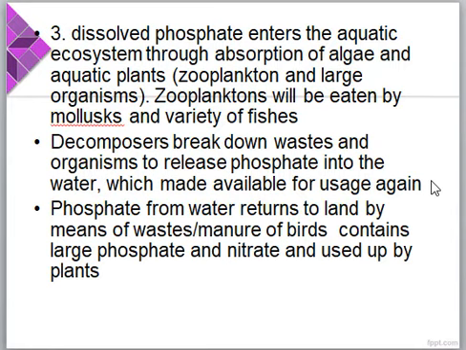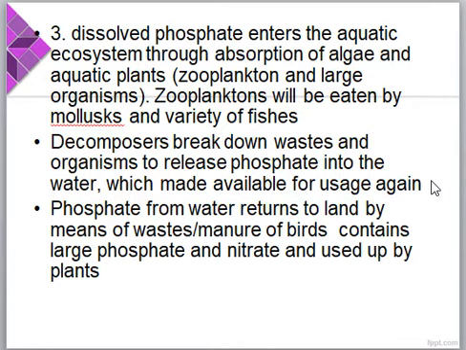that larger aquatic animal. And if these mollusks and larger aquatic animals die, decomposers will then break down the parts of these aquatic animals, and at the same time break down the waste materials of these organisms to release phosphate in the water, which is made available for usage again.